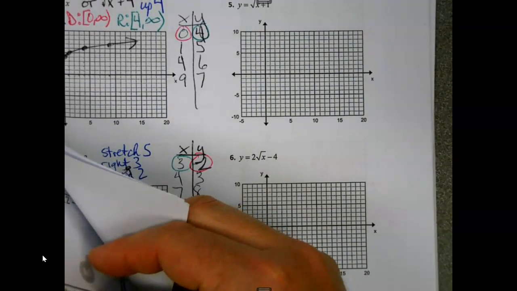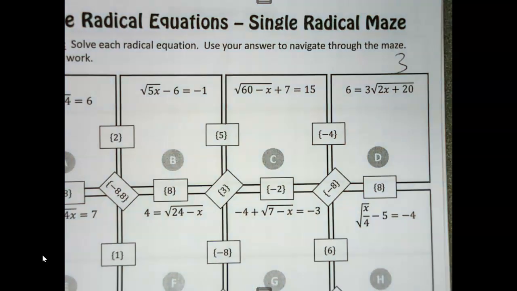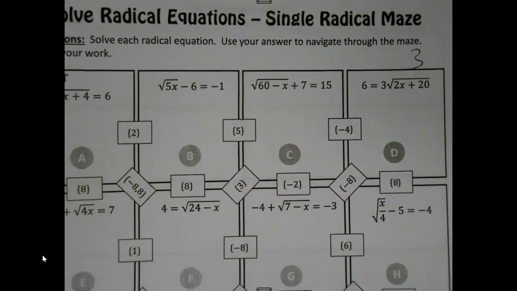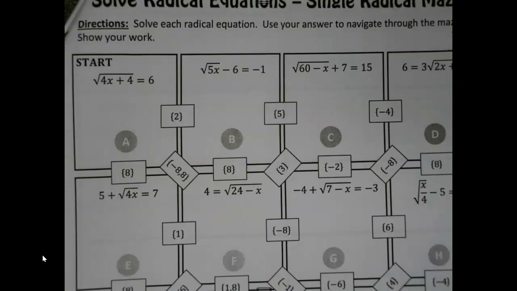If you are looking for extra points and extra practice, it's kind of a double dip that way. If you wanted to go backwards a little bit in your packet to page 3, you're like, oh, we've seen these before. Yeah, the puzzle maze, where you start, you solve your radical equation. I'll do the first one.